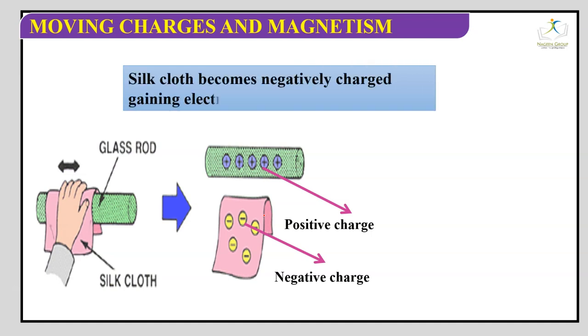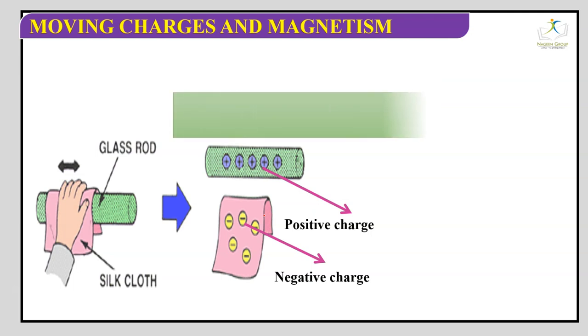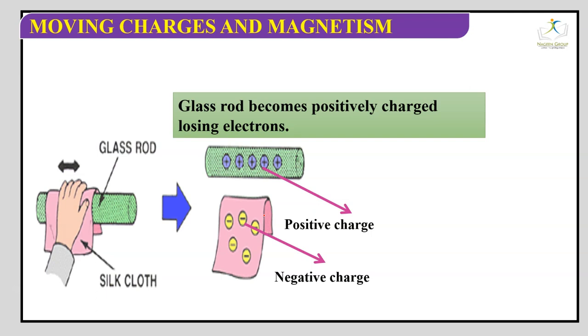Silk cloth becomes negatively charged, gaining electrons. It means if some body or some metal gains electrons, then it will be negatively charged. And the glass rod becomes positively charged, losing electrons. It means if a conductor is losing electrons, that conductor becomes positively charged.